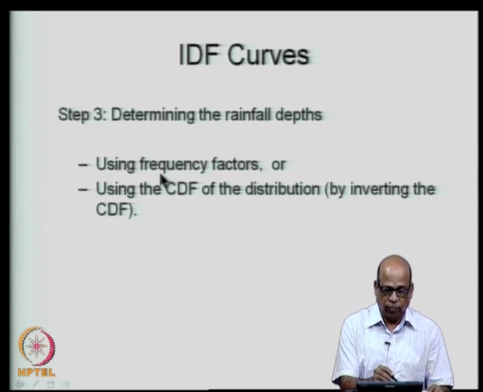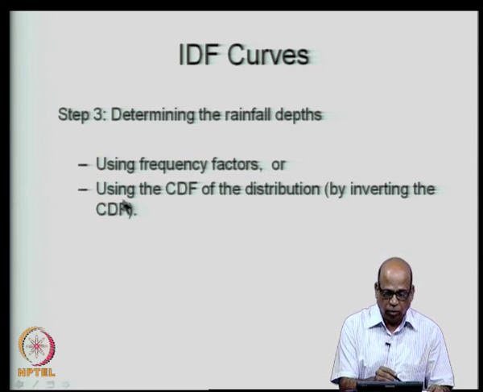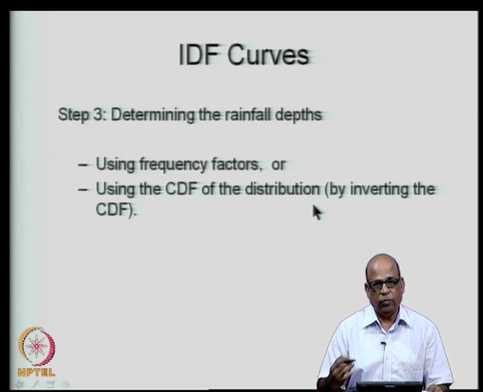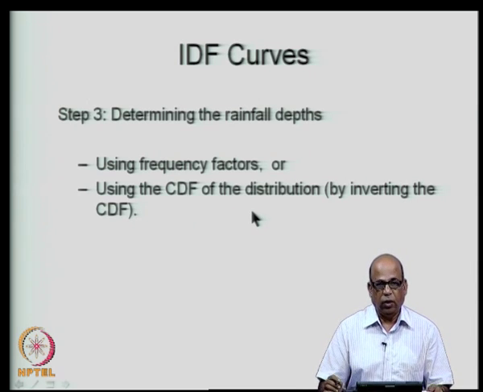So, we can either use the frequency factors, which depend on the return period as well as on the distribution, or, if the distribution that we are using is in fact invertible, we can use the CDF of the distribution directly and then obtain the xt.